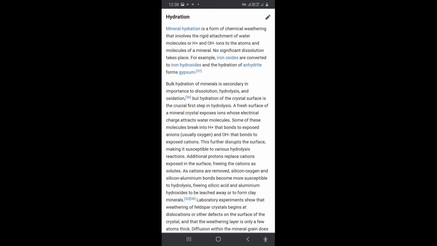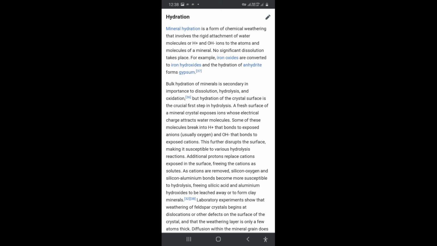Now, the role of plants and organisms in weathering is the first and foremost thing we should understand. Plants and organisms contribute towards mechanical disintegration and chemical decomposition. There is another important factor that will influence weathering other than chemical and mechanical processes, that is the role of plants and organisms.